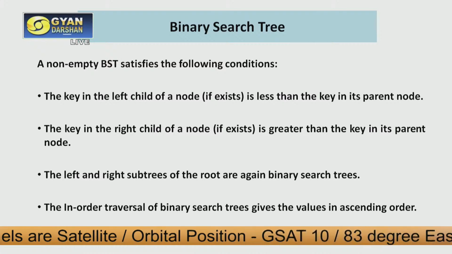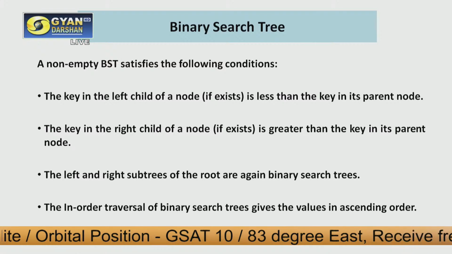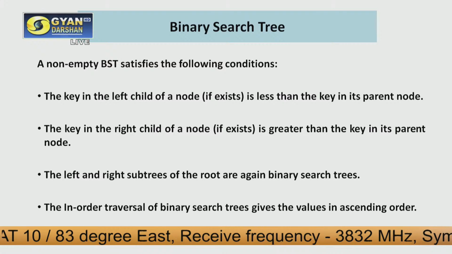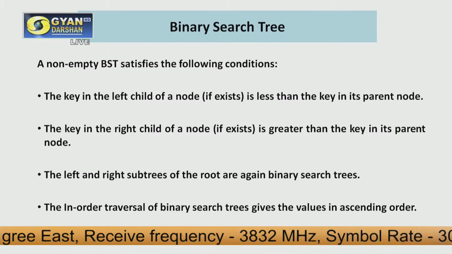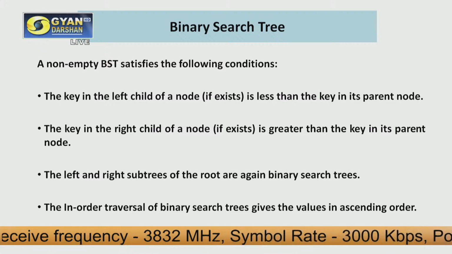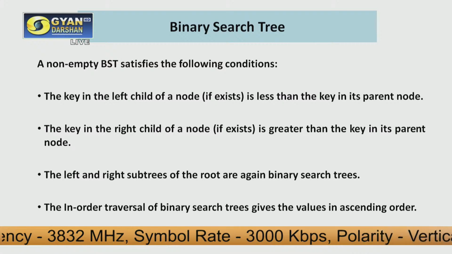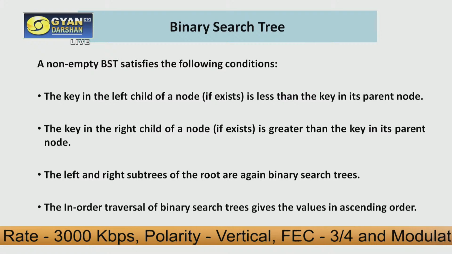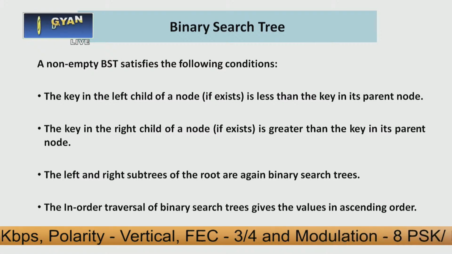We already know there are certain types of traversal methods: in-order is one of them, pre-order is another, post-order is another, but here I am talking about in-order traversal. In-order traversal of a BST will always give the keys of the tree in ascending order.